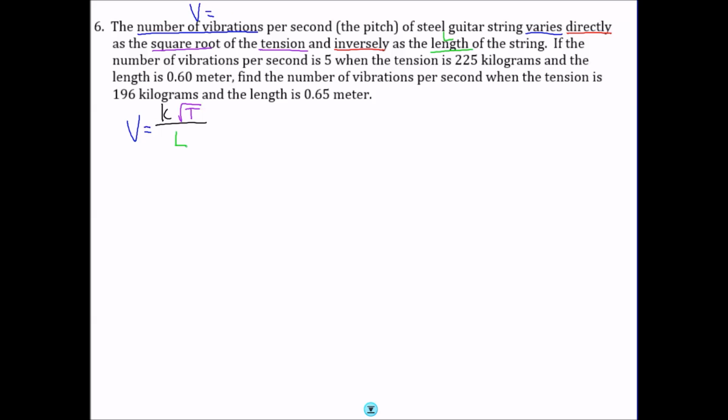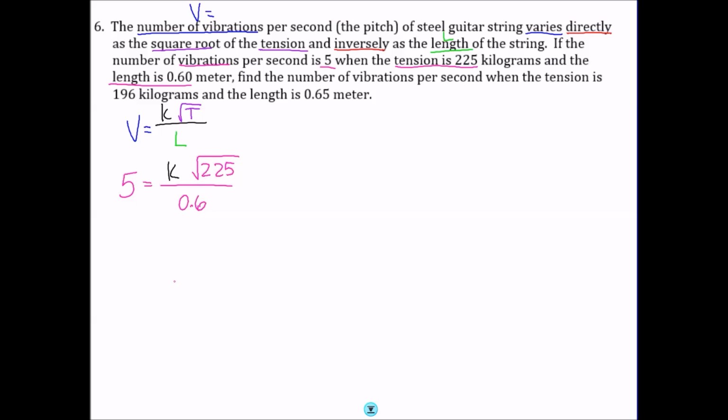Okay, next sentence. If the number of vibrations per second is 5, so vibrations is 5, when the tension is 225, and the length is 0.6 meters. So let's find out what k is.